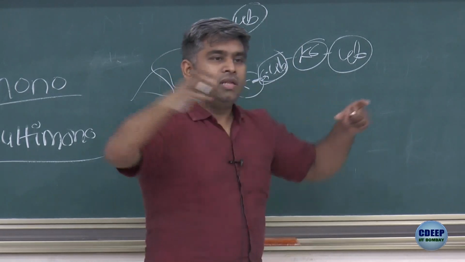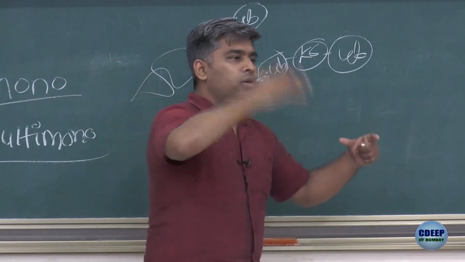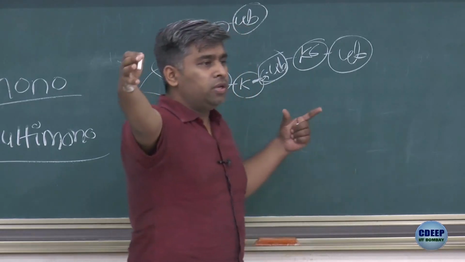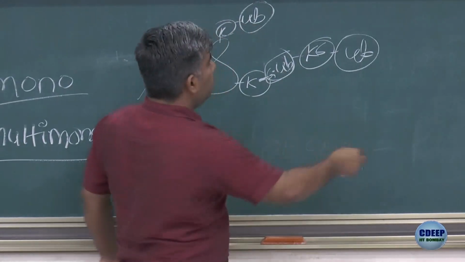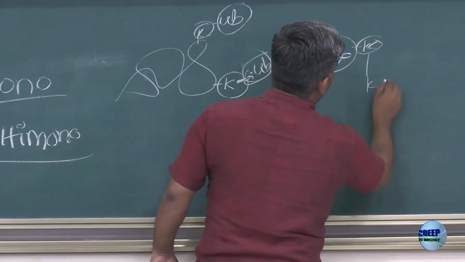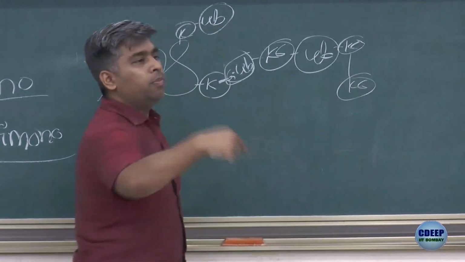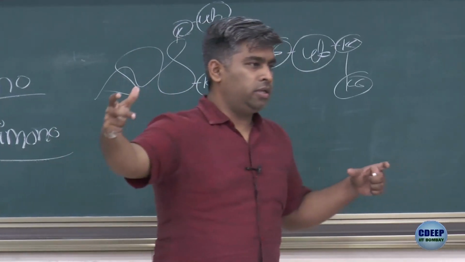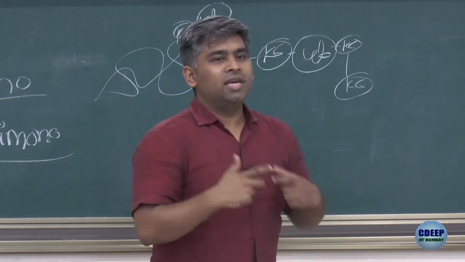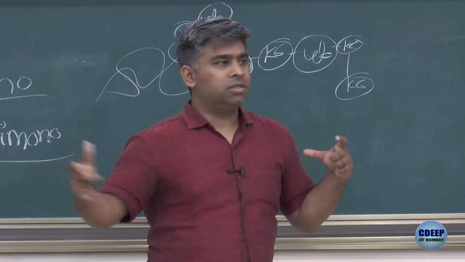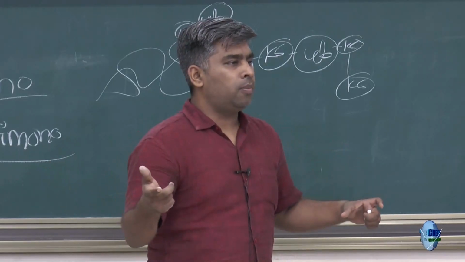It will form a chain of ubiquitin, and every time the next ubiquitin uses lysine 6, it will keep adding and form a K6 linked polyubiquitin chain. Similarly, if it is K48, it will form K48 linked polyubiquitin chains. That is how polyubiquitination will happen.